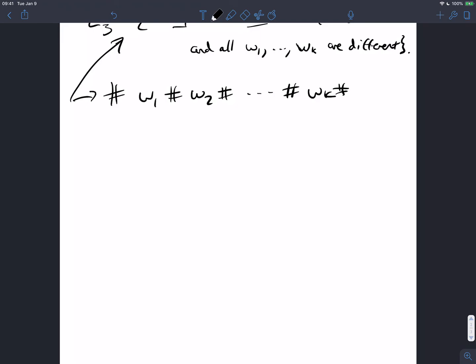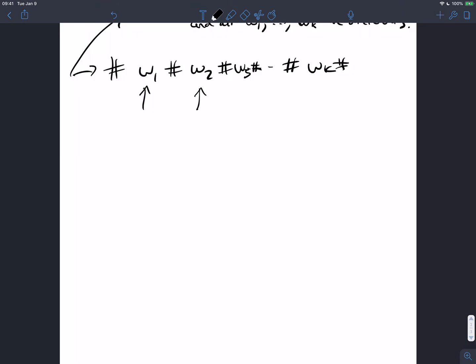Well, I have where the separations are, so that's not an issue. Let's just say I'm looking at that one and I'm looking at that one right now. What is a way that I can figure out the next pair to compare? Yeah, like a for loop. So let's say this one's the I index and this one's the J index.